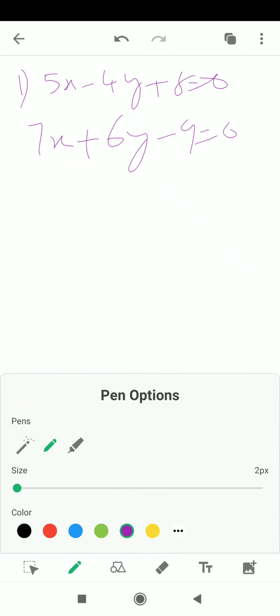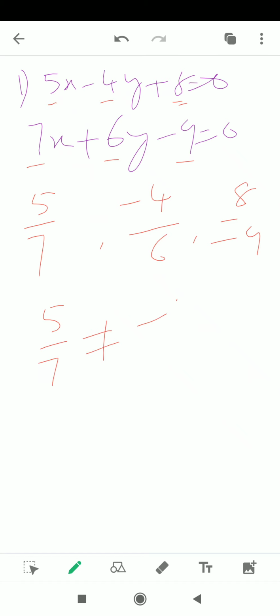Now I'll just tell you, this is a1, this is b1, this is c1, this is a2, b2 and c2. a1 by a2 means 5 by 7. What is b1 by b2? Minus 4 by 6. And c1 by c2 is 8 by minus 9.